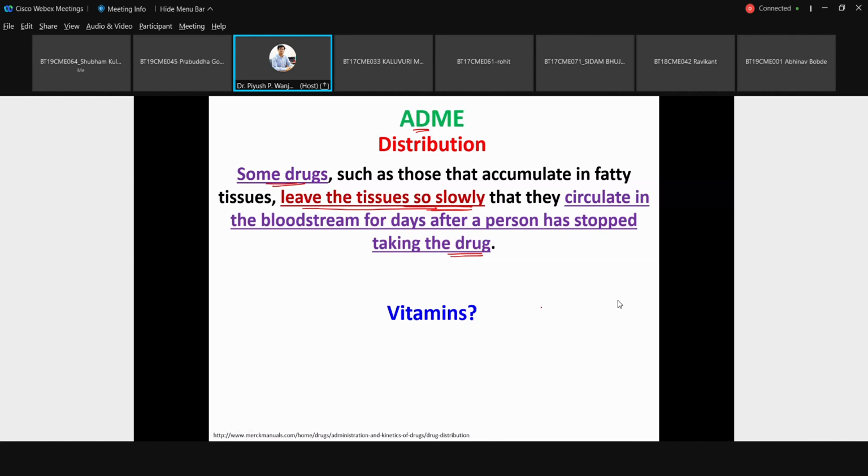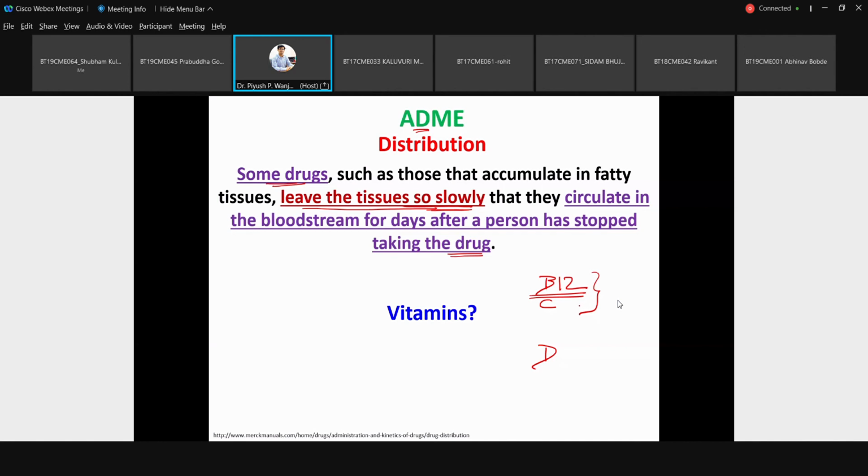Vitamins are really important for your body. For example, there are some water soluble vitamins like vitamin B12, and some fat soluble vitamins like vitamin D. When you take vitamins like B12 or vitamin C, which are water soluble, they easily get discharged daily.